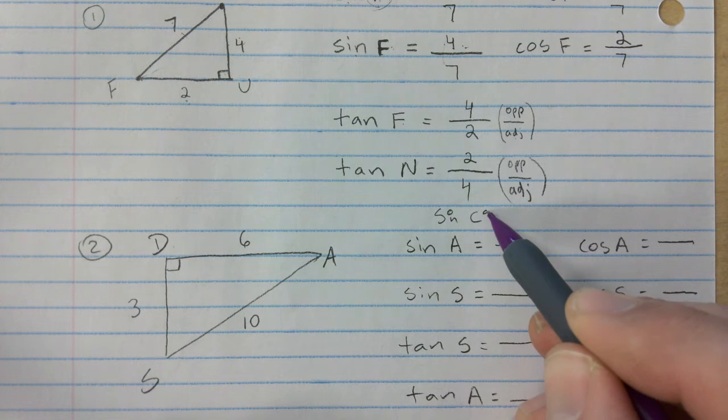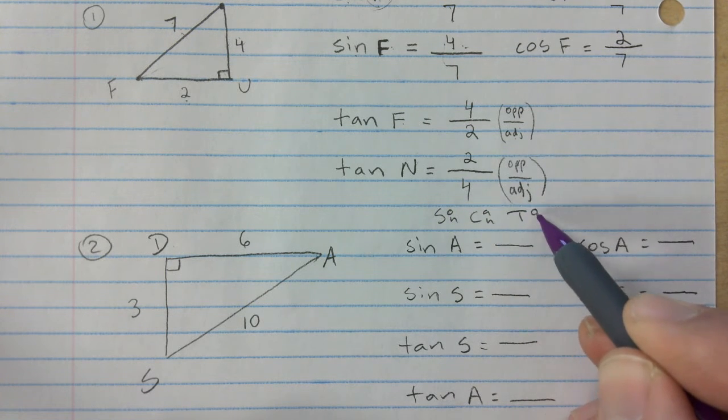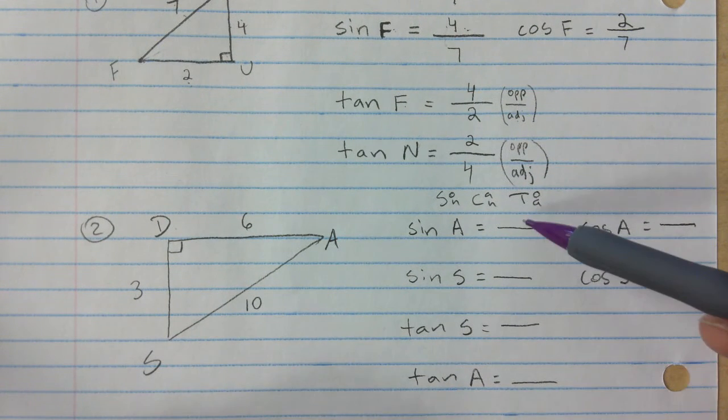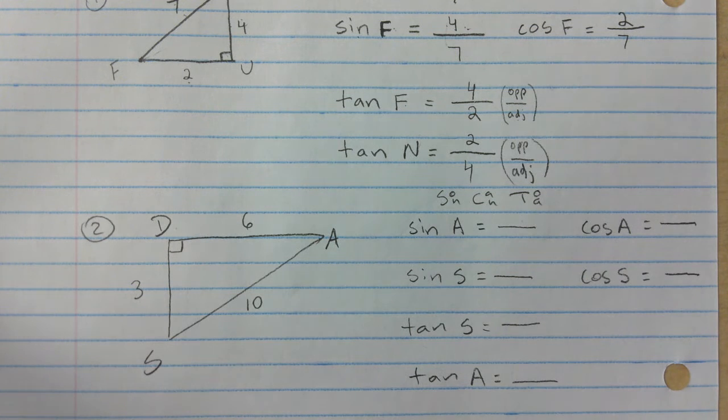And remember, SOH, CAH, TOA every time. So fill in these with the numbers. Don't be afraid. It's very easy to fix, actually. So go ahead and fill those in, and then we'll continue, okay?